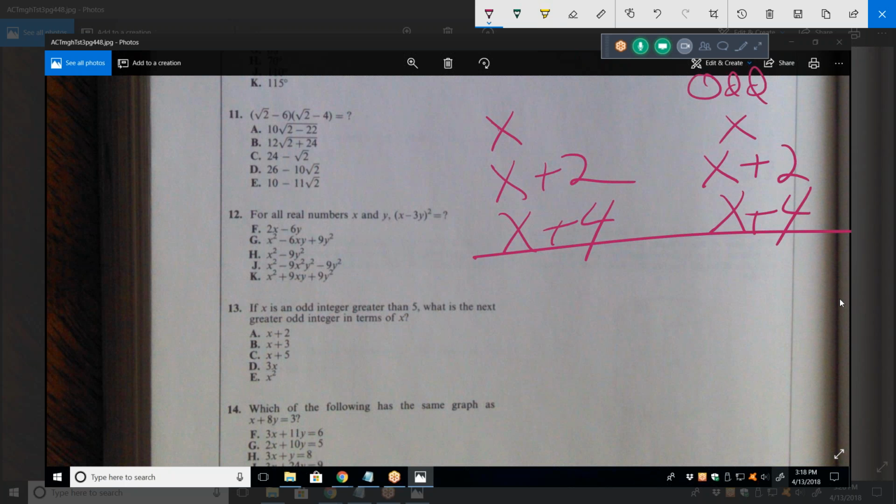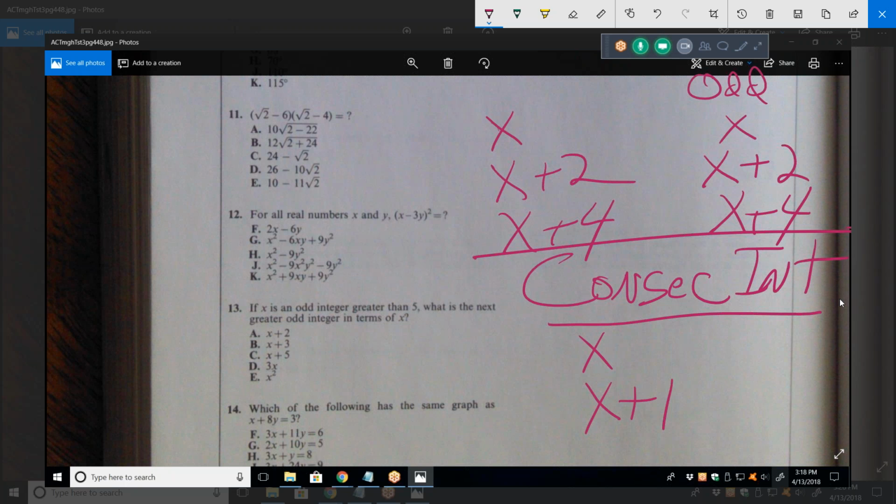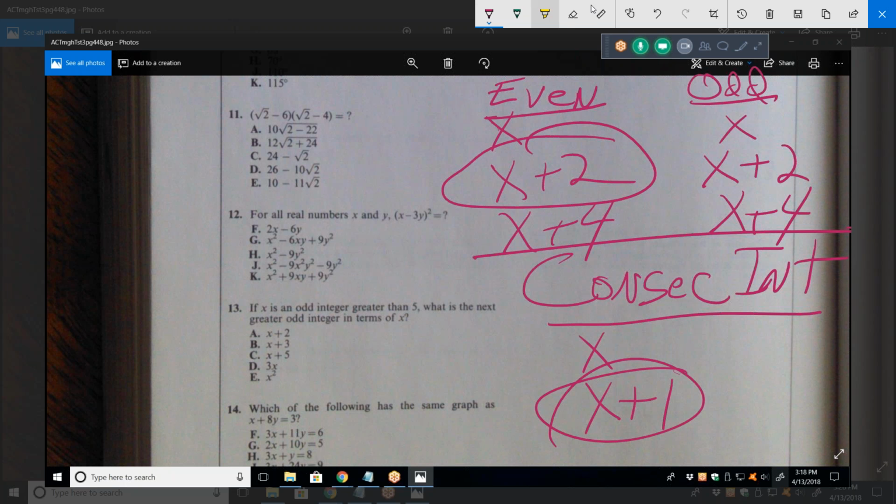The other possibility is that they will give you consecutive integers, and if the first one is x, the next one is what? X plus 1. Yes, if we're dealing with consecutive integers. So those are the 3 types you're going to get: even, odd, and just consecutive integers. And so this x plus 2 actually shows up quite a bit. So does x plus 1, depending on the nature of the problem.